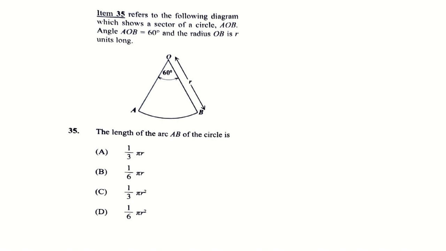Number 35 refers to the following diagram, which shows a sector of a circle AOB. Angle AOB is 60 and the radius OB is r units. The length of AB is, now that is the length of your arc, right?